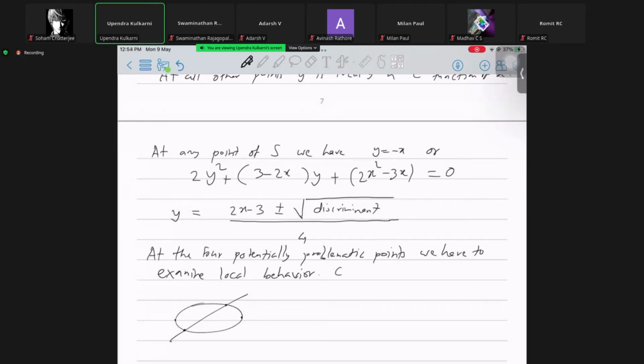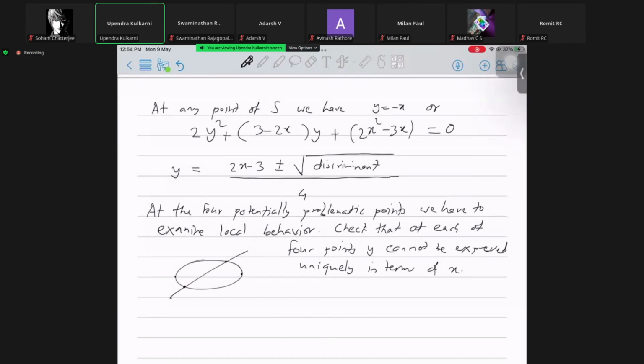So check that. At each of the 4 points, y cannot be expressed uniquely in terms of x. And then carry out similar analysis.